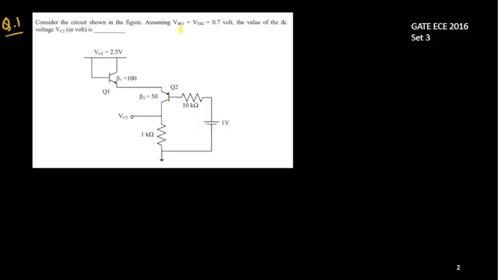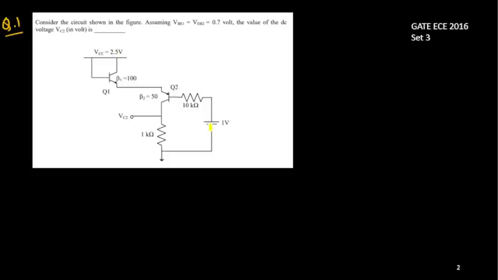VBE1, the base-emitter potential, and VEB2 for transistor 2, both potentials are given as 0.7 volt, and they are connected one after another. Now the question is, you need to find out the DC voltage VC2 here. This end is grounded, this potential is 2.5 volt, and here one more source, a 1 volt source, is connected.